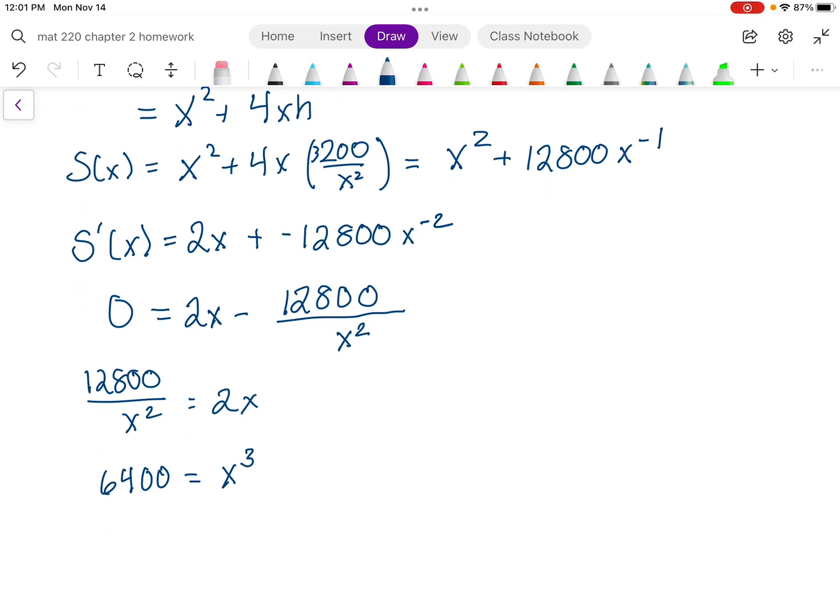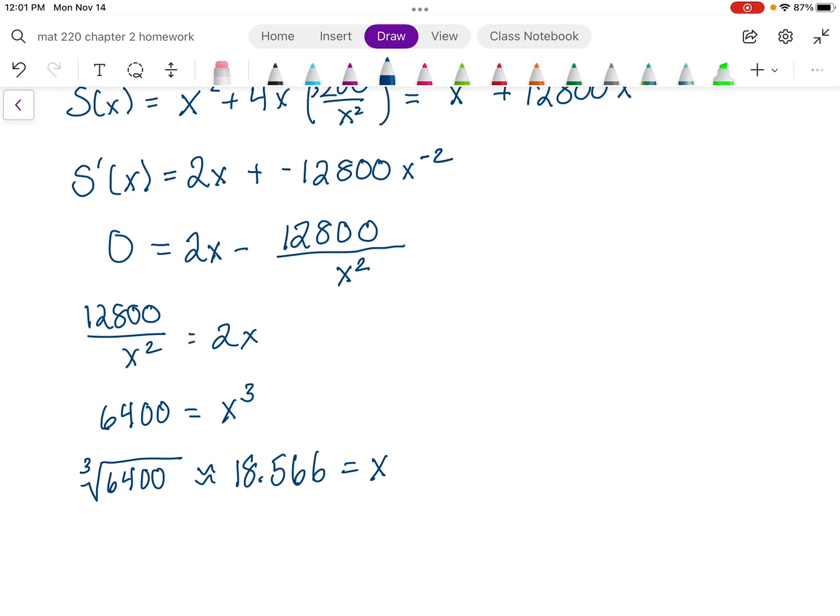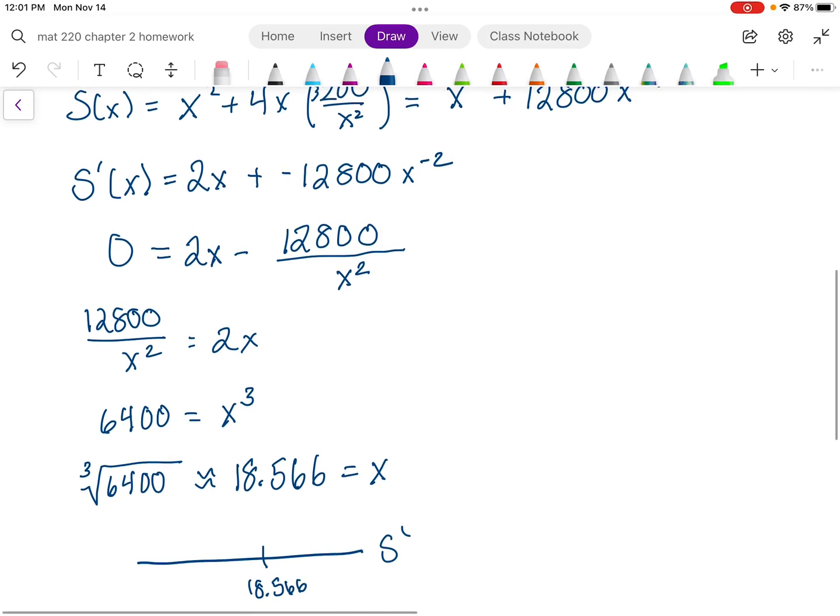And I would need to take the cube root to undo that. And the cube root of 6,400 is not an even number. It's about 18.566. And so that would be my only critical value for x. And if I go through and do my first derivative test and test S prime around that critical value, if I plug in a number like 1, 2 minus 12,800 is clearly going to come out negative.